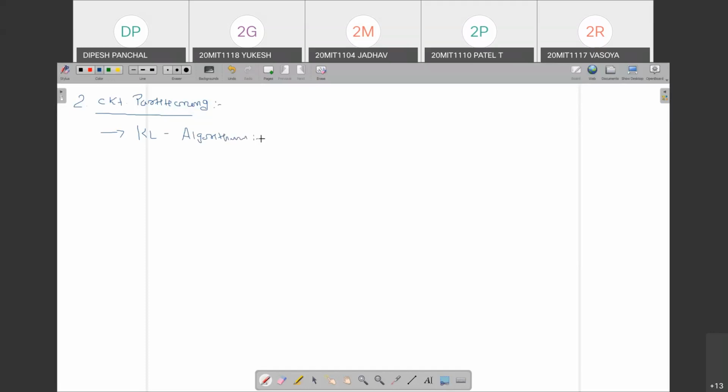We have seen 2 problems, examples, where a graph is given or a logic diagram is given. Based on that, we can apply the KL algorithm steps and find out the modules and the interconnection between the modules.